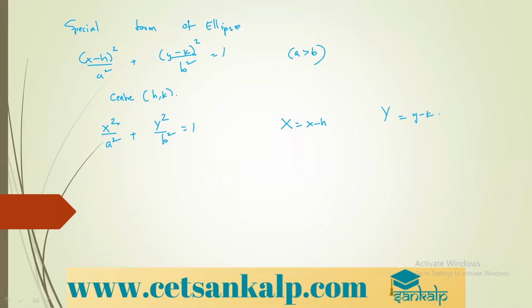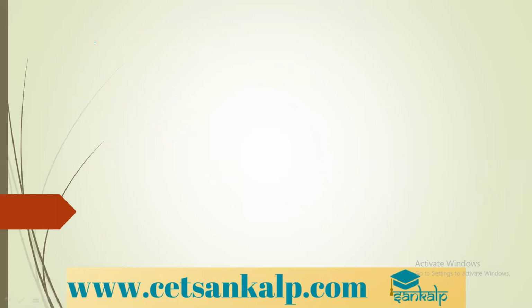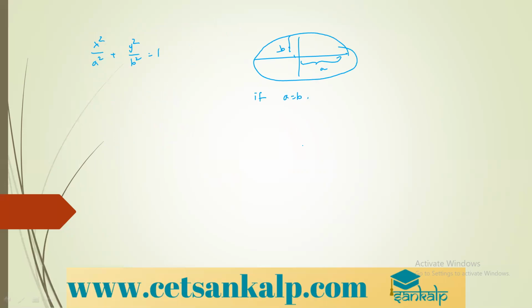Now suppose, I told you x square by a square plus y square by b square equal to 1. This is the ellipse. This is A, this is B. Now in this ellipse, if A and B are equal, then you will not get an ellipse exactly. You will get a circle when A and B are equal.